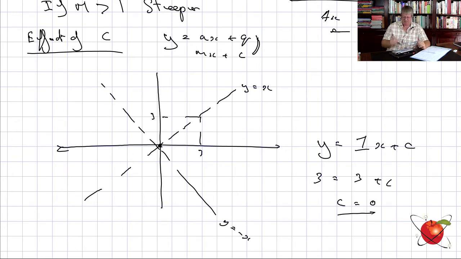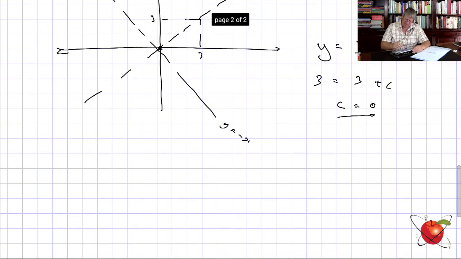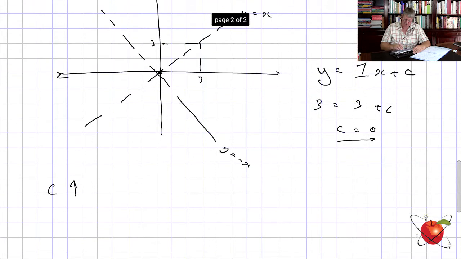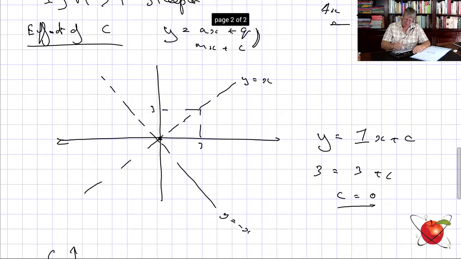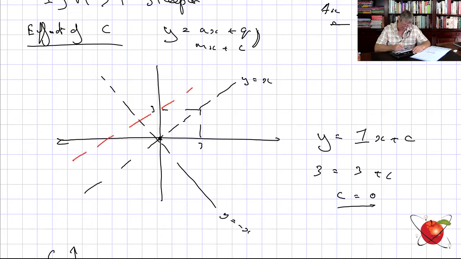The y-intercept is 0. So if we now go along and we say that, let's say c goes upwards, what are we doing to the graph? Well, we are moving the c-intercept upwards, aren't we? So the graph now moves up by c.